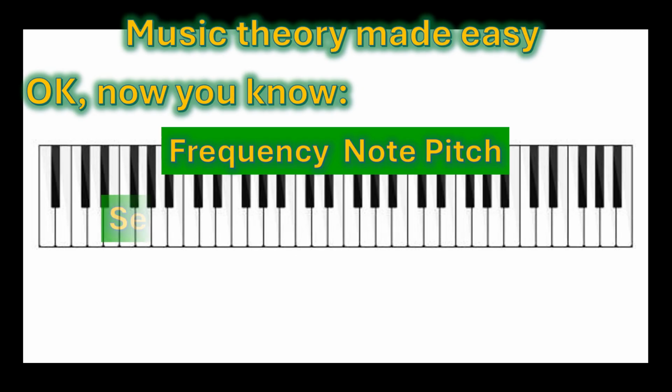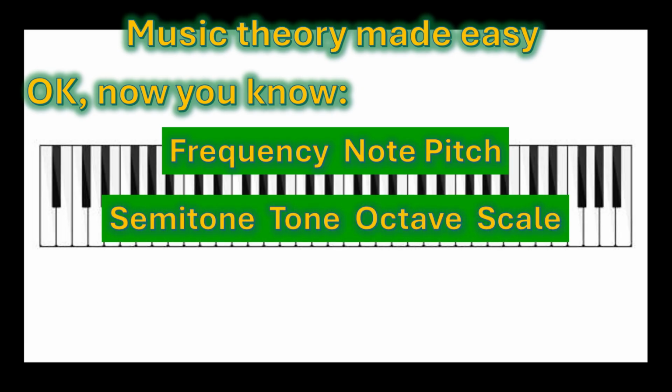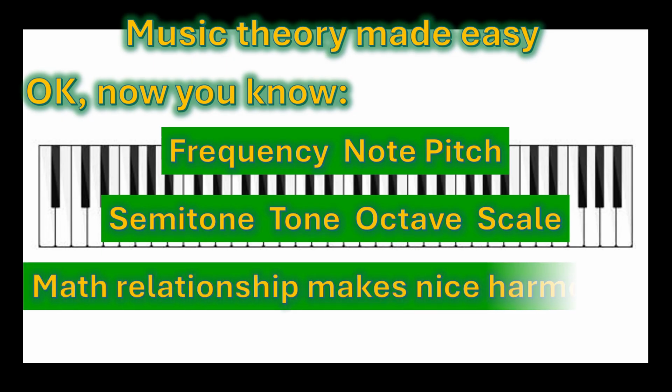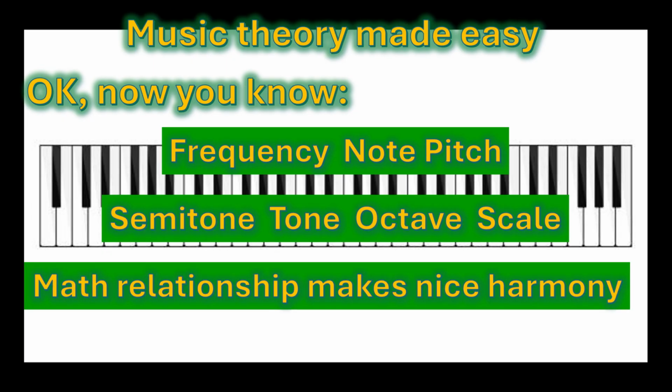You should understand that the gaps are called tones and semitones. You should understand what an octave is and what a scale is. And you should be beginning to get the feeling that the mathematical relationship between the notes in a scale makes nice harmony.